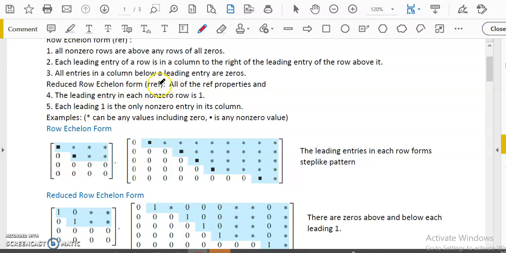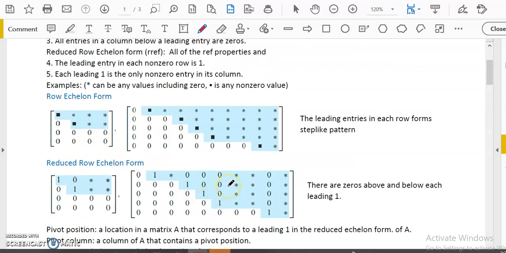The additional thing for reduced row echelon form, RREF, is that it has all the properties we talked about, and also for the pivot positions, the leading entries of a particular non-zero row, there will be zeros above and below. In row echelon form, you only have zeros below it because it's upper triangular, but for reduced row echelon form, you will have zeros above it too.